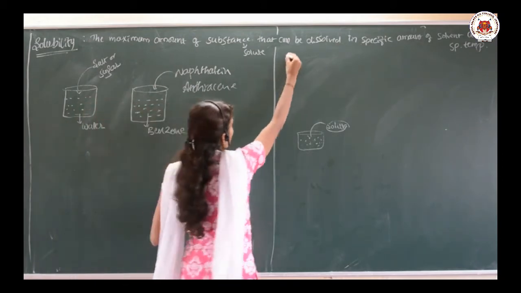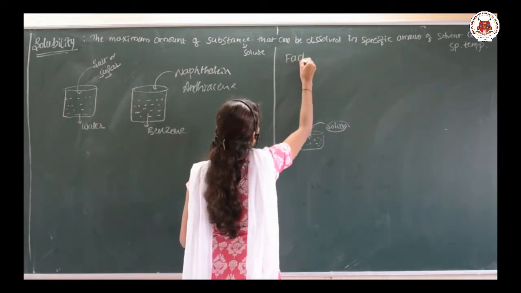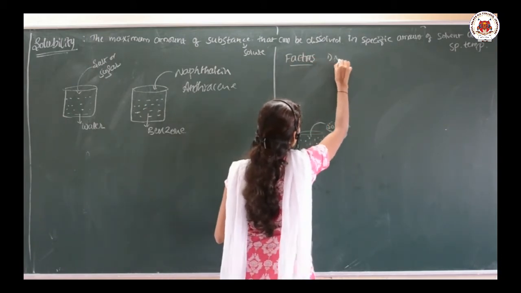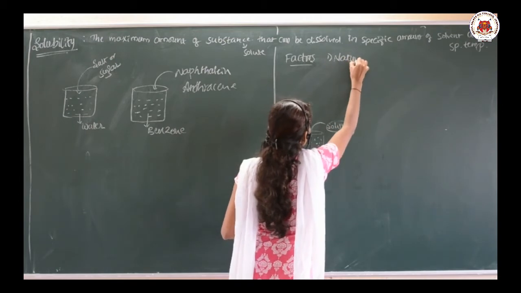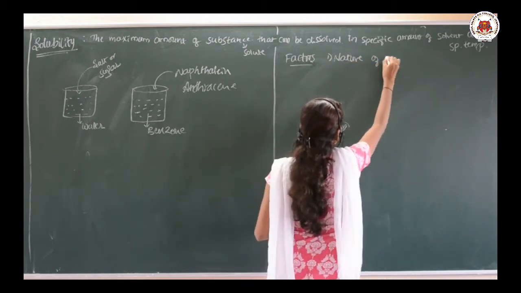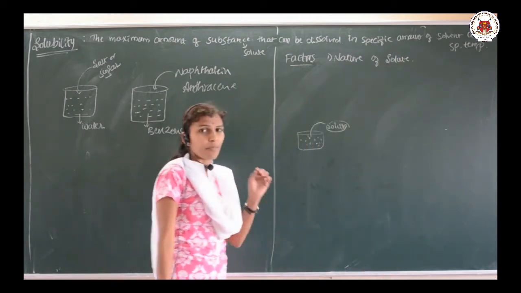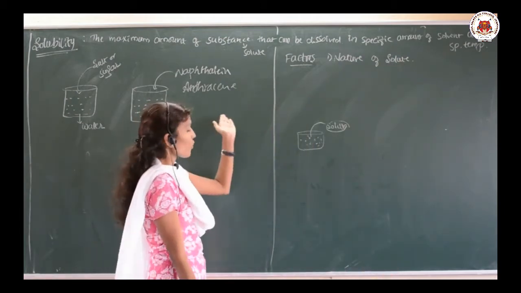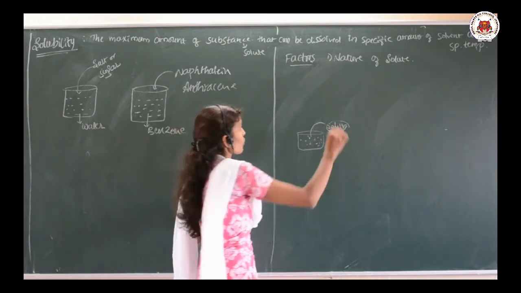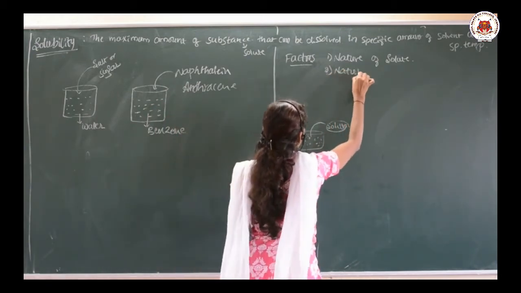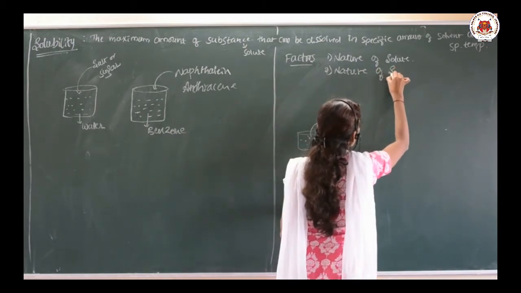Next, what are the factors affecting the solubility? The first one is the nature of solute. Depending upon the nature of the solute, the solubility will change. It also depends upon the nature of solvent.